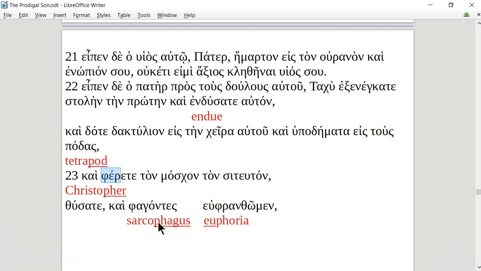Phagontes, sarcophagos, so this is made up of 2 Greek parts, sarkos meaning flesh, phagos, so a sarcophagos is something that eats the flesh of the dead person. Euphronomen, eu meaning good or well, and we have words like euphoria.